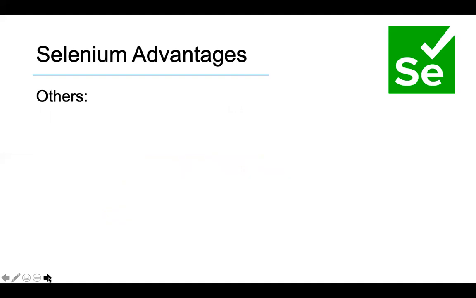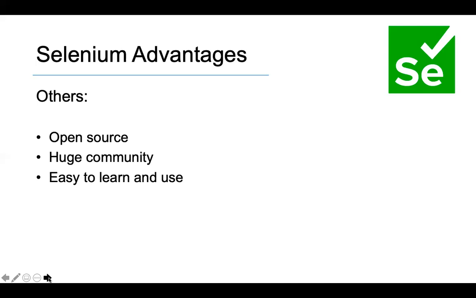Apart from that, other advantages of Selenium are, as we already discussed, that it is completely open source. You don't need to buy any license for it, and you have a huge community to support you. Even if you get an issue using Selenium, you can get help online. Moreover, Selenium is very easy to learn.